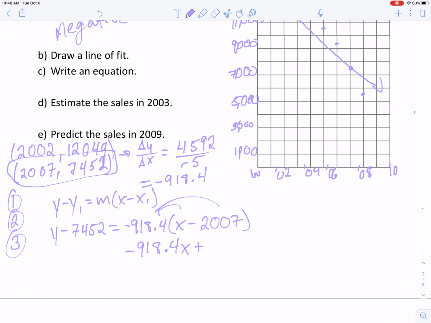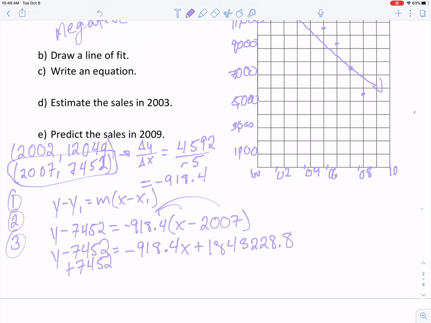And I'm going to have to plug that into my calculator here. And I'm getting 1,843,228.8. And it's going to equal that.